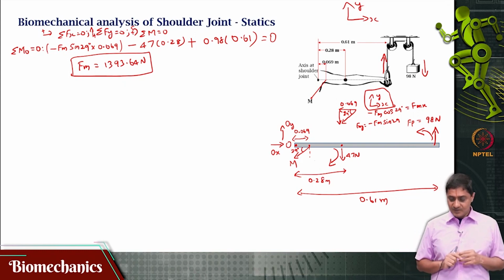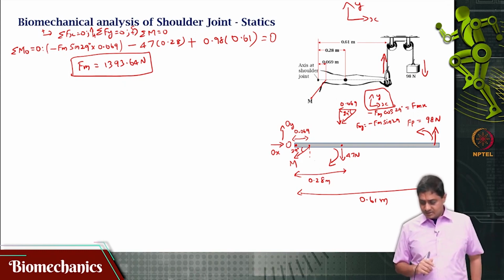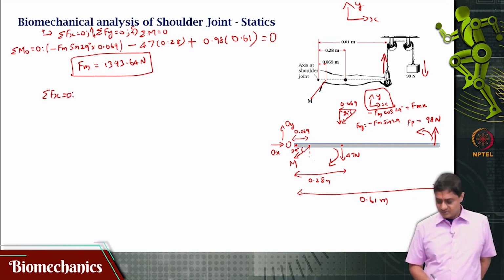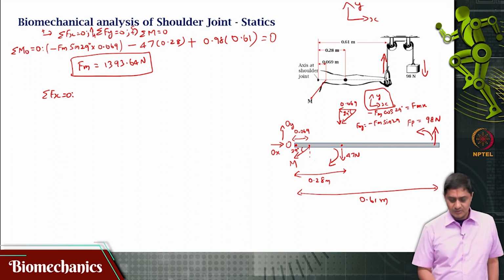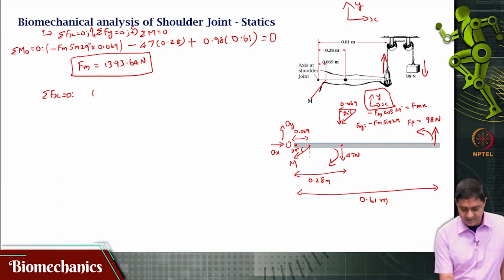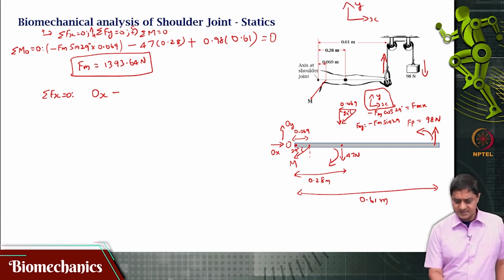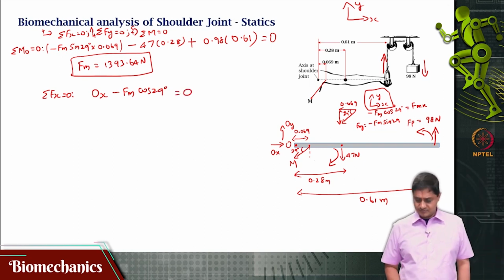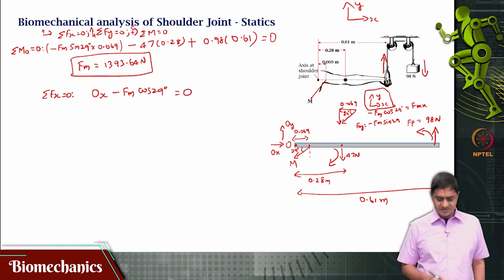Okay. Now, we still have to solve for sigma Fx equal to 0 if we have to find Ox. You find immediately Ox minus Fm cos 29 is 0. This is the sigma Fx equal to 0.